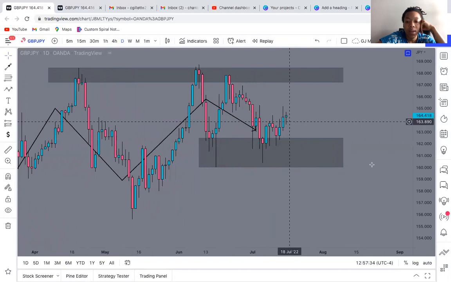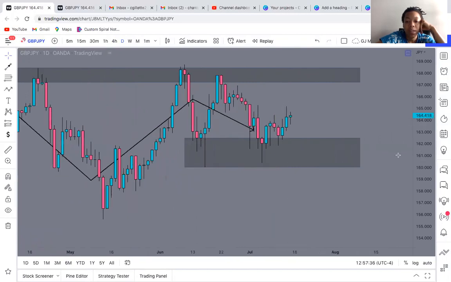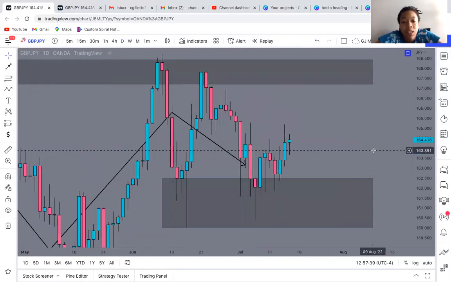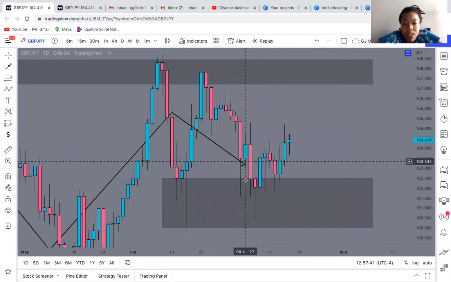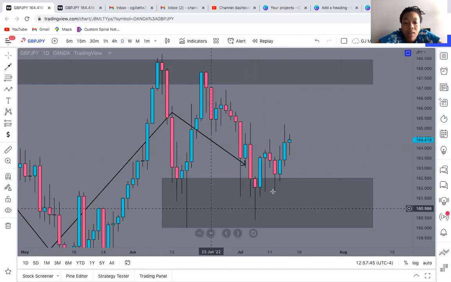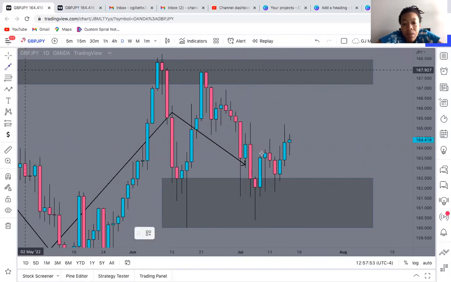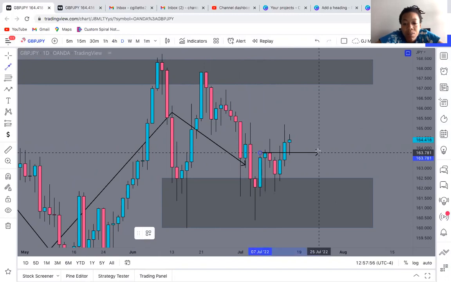The way that we can tell that is by zooming into this area. Here we see a low was created and we see exhaustion off of this daily demand zone that we have drawn in down here. We see price wick, showing exhaustion off of this price. And then we even see here that a previous high that was created was broken.